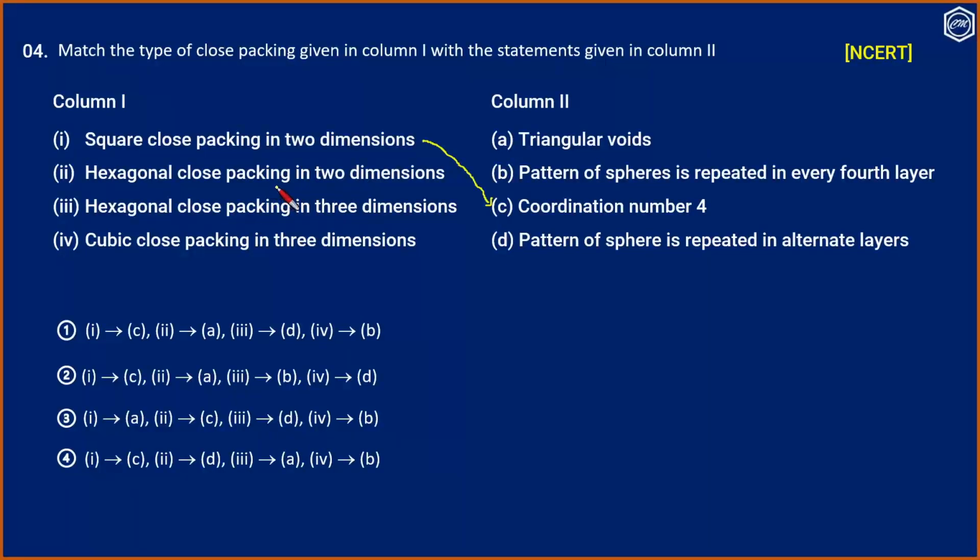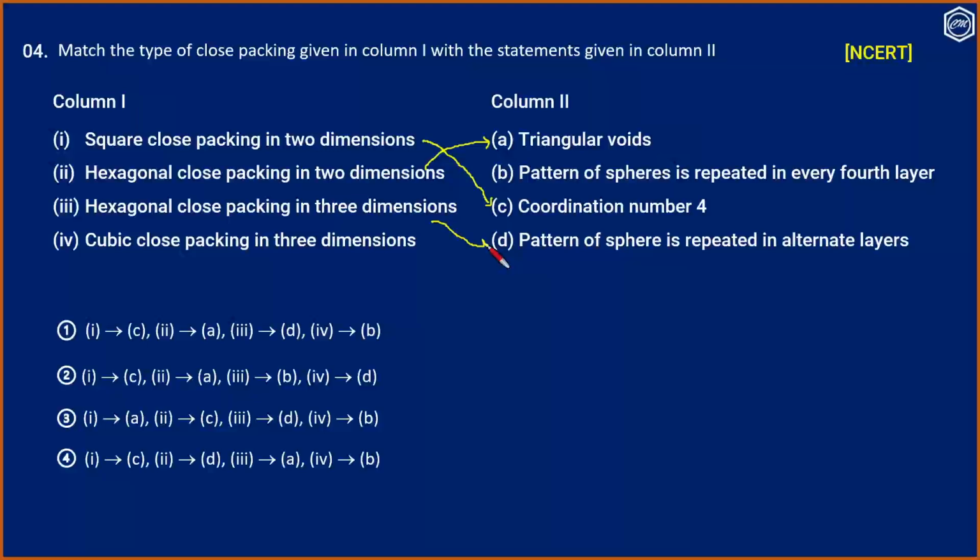Then hexagonal close packing in 2 dimensions. Hexagonal close packing in 2 dimensions generates triangular voids. Then hexagonal close packing in 3 dimensions. Pattern of spheres is repeated in alternate layers, that is AB type arrangement.